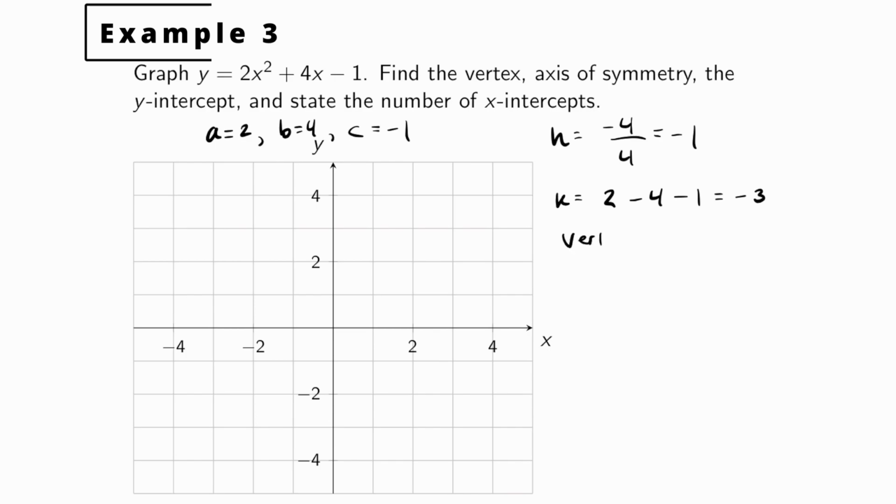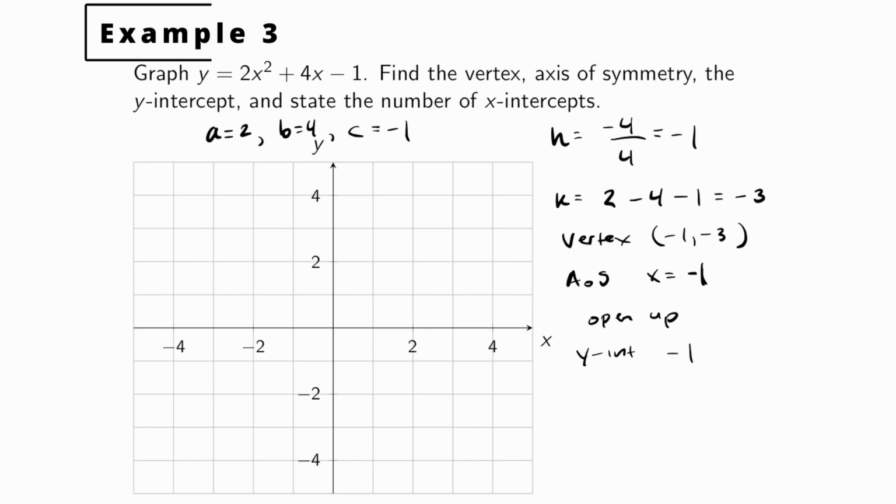So the vertex is negative 1, negative 3. The axis of symmetry is going to be x equals negative 1. Again, it's x equals the x-coordinate of the vertex. It's going to open up, and the y-intercept is going to be c, which is negative 1.